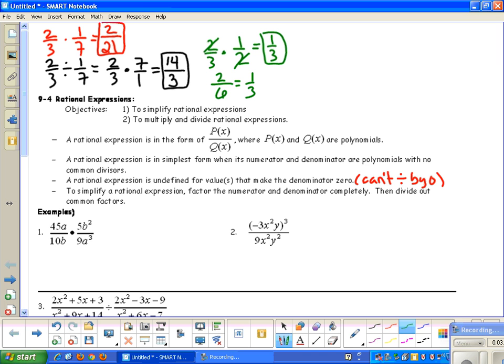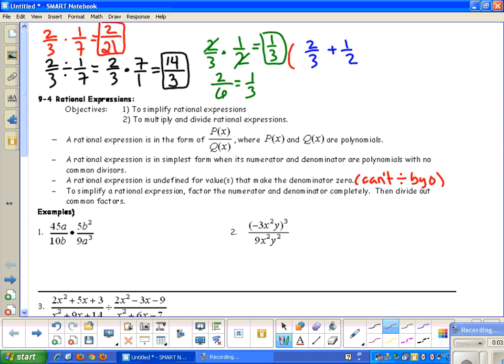Now, before we get there, let's also look at if, let's say, we had instead 2/3 plus 1/2. Notice that this is completely different than multiplication or division, because remember, in order to add two fractions, we have to have a common denominator. Right now, we do not have a common denominator because we have 3 and 2, so what's common between 3 and 2 we know would be 6.